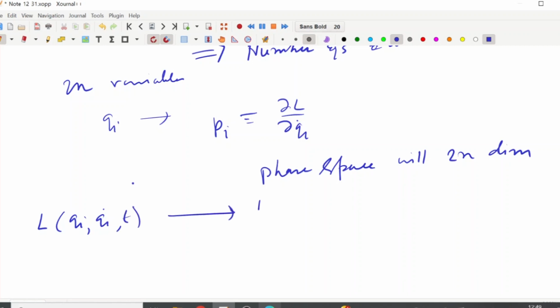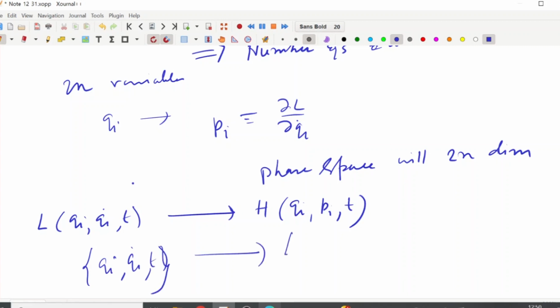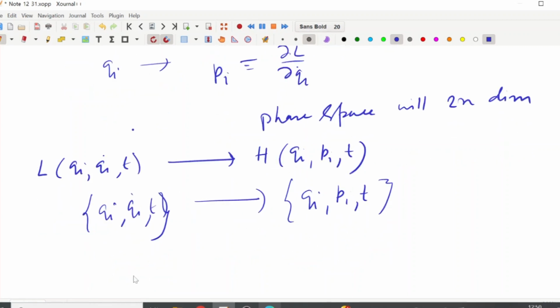Now, from here we want to go to the Hamiltonian, which is q_i, p_i and t. So, this is how we can go mathematically from the q_i, q_i dot basis to the q_i, p_i, t basis, and this can be done by the Legendre transformation.